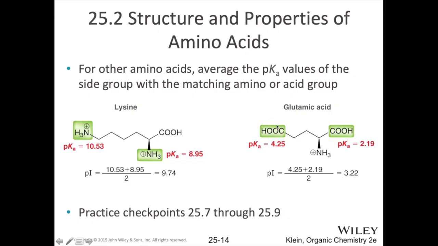Likewise, if your side group is acidic, you take the pKa's of your two carboxylic acids and take the mean of those two numbers. Remember, in all three cases, your isoelectric point gives you the pH at which you have the largest concentration of your Zwitterion. It's the pH at which you make the perfect Zwitterion, sort of dead in the middle, being effectively neutral.